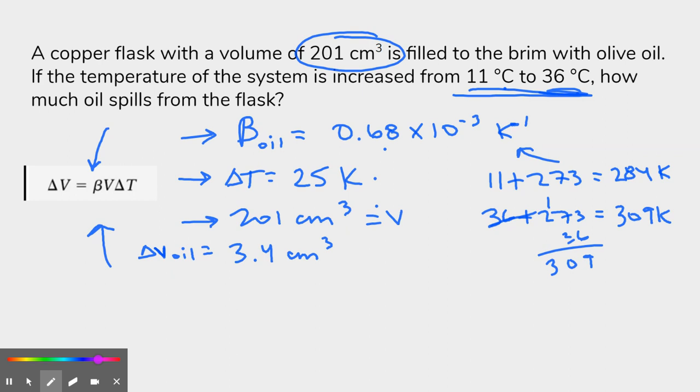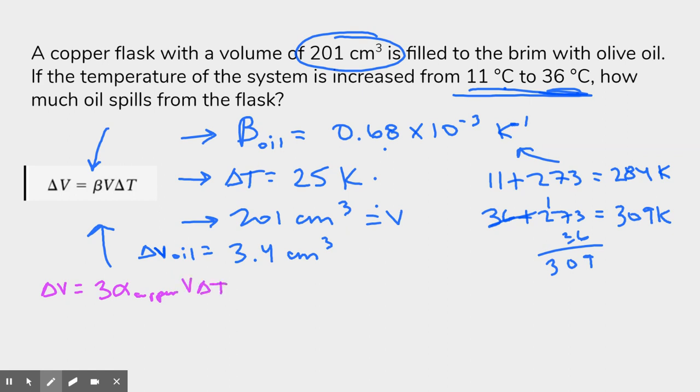To find the change in volume for a solid, we do not use this formula up here. Well, we use something very similar. It's going to be 3 times alpha, the value for copper, times V times delta T.